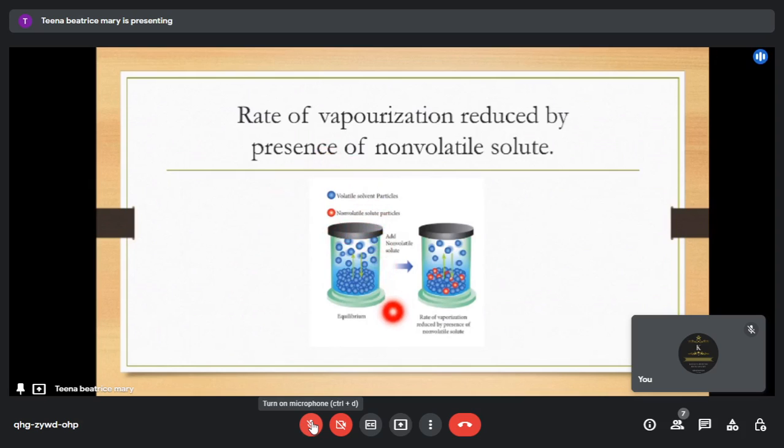So இங்க நம்ம non-volatile solute எடுக்கும்போது it will take much time to get evaporated. So the blue colorல இருக்கிறது எல்லாமே வந்து it is volatile solvent particles and non-volatile solute particles is in red color. So here the rate of vaporization is getting reduced by the presence of non-volatile solute.